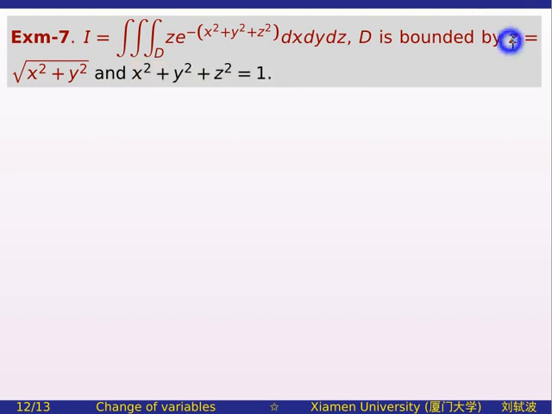The first surface is a cone, z squared equal to x squared plus y squared with z positive. And the second surface is a sphere centered at the origin, the unit sphere.